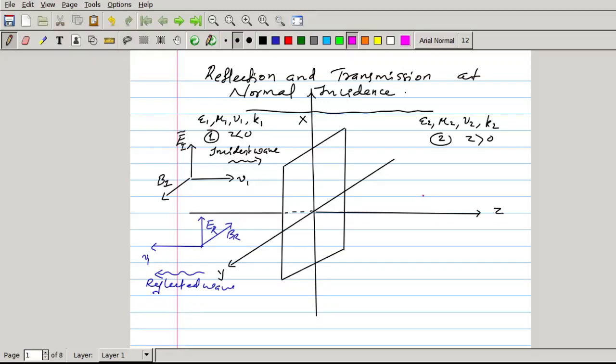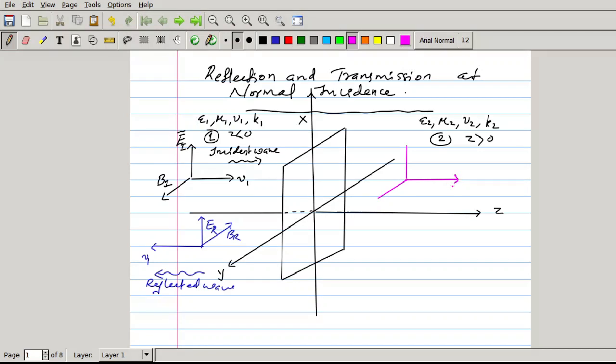Now consider the transmitted wave. The transmitted wave is propagating along the positive z direction. This is the wave vector of the transmitted wave. Its electric field is along the positive x direction and magnetic field is along the positive y direction, since k cross E is along positive y.